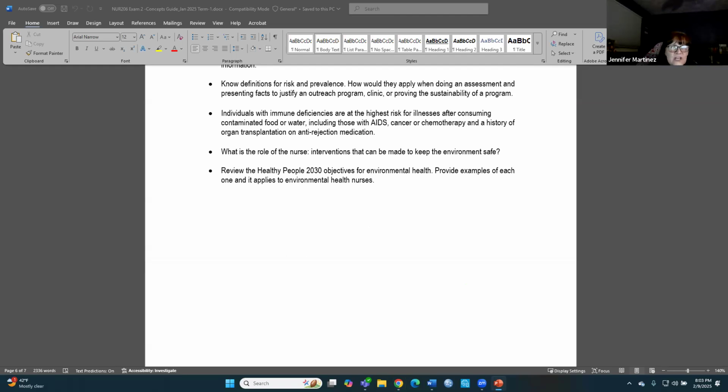So any change in one element of the triangle can influence the occurrence of disease by increasing or decreasing the person's risk for the disease. Again, risk is the probability that the individual will experience an event. And so an agent is us, right? A human.